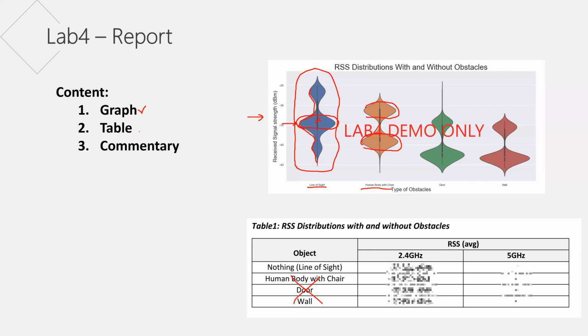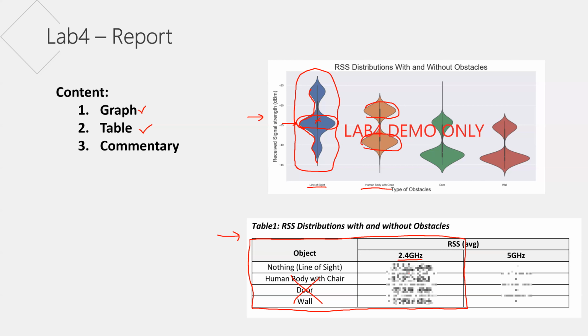So the second thing in our report is this table. You can see this table. There should be at least 2 columns, which are these 2 columns. The first one should describe what your object is, and the second one should be the 2.4 gigahertz, and you should write down some numbers here. So what is the average RSS?